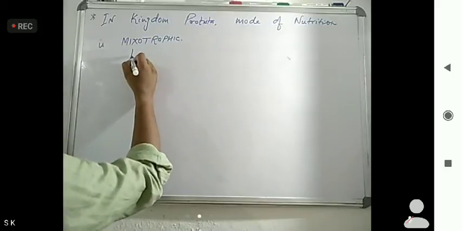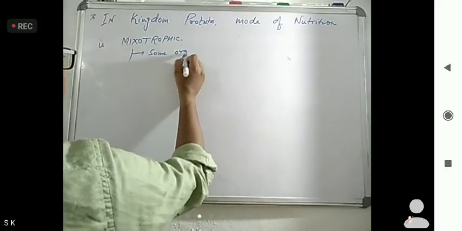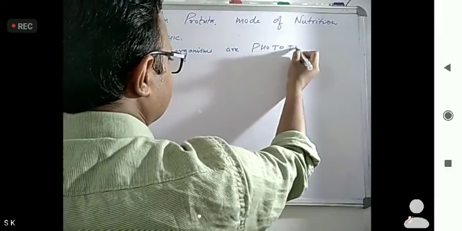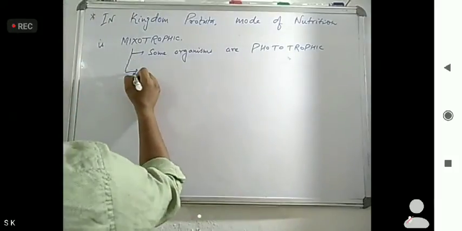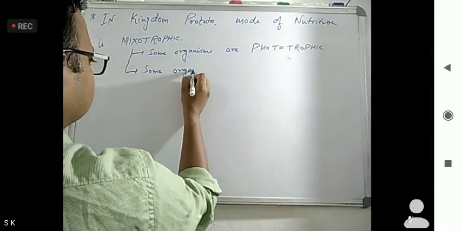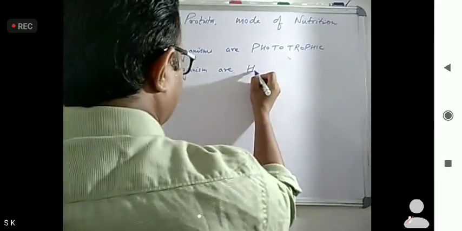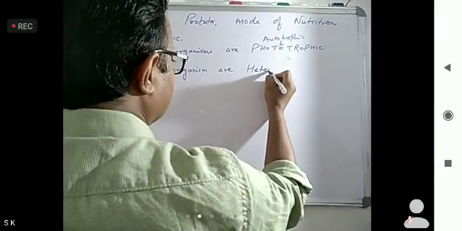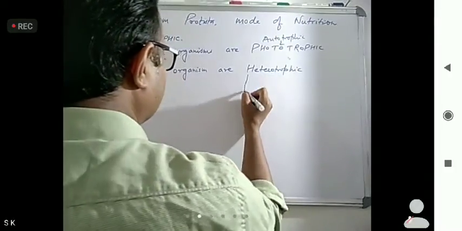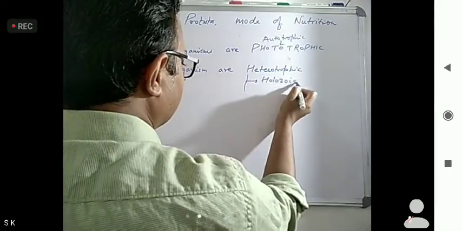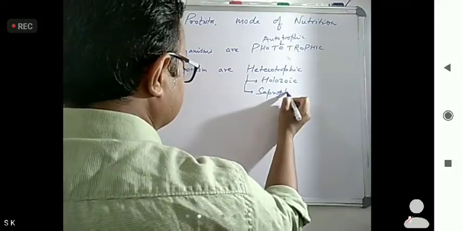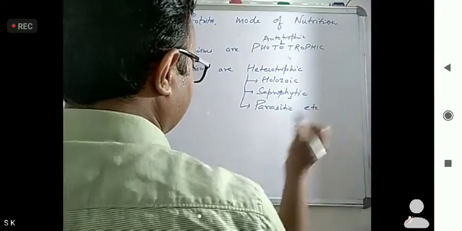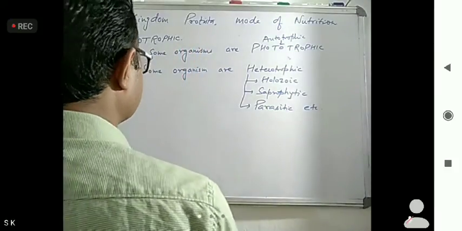Okay, means what? Some organisms are phototrophic, some organisms are autotrophic, some are heterotrophic, and under heterotrophic some are holozoic, saprophytic, parasitic, etc. So these are having which type of nutrition?